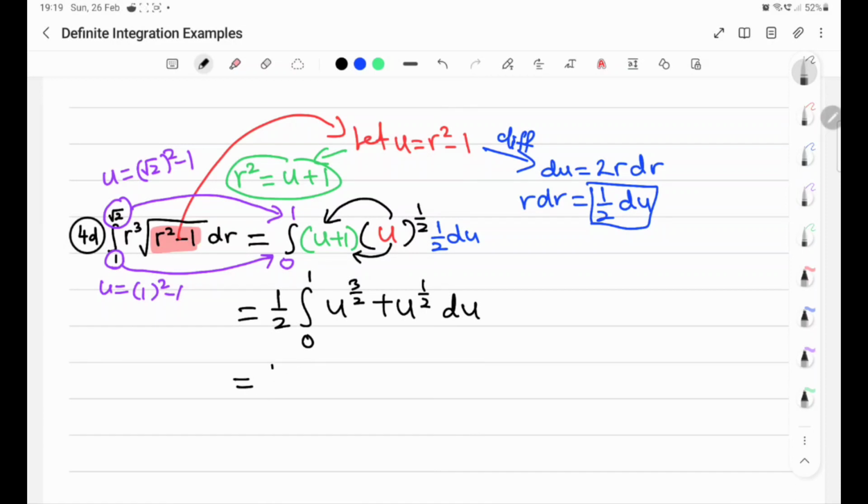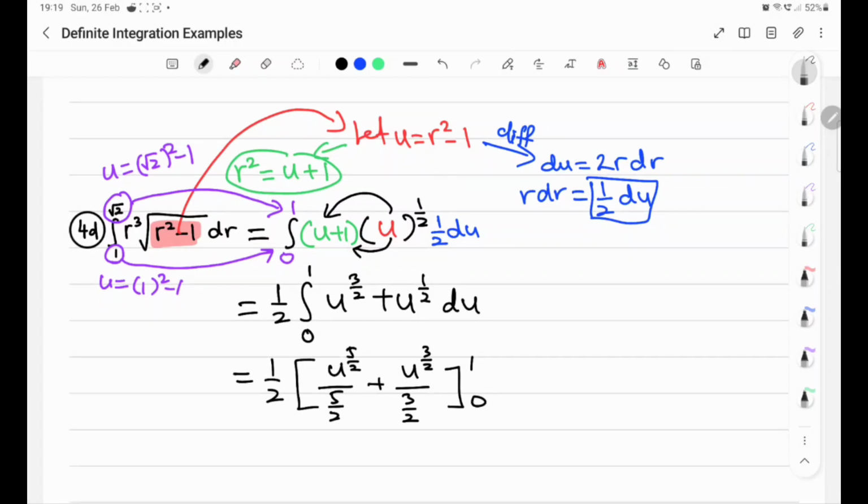The constant is over here, and then big brackets, u power 5 over 2 over 5 over 2, plus integrate u power half is u power 3 over 2 over 3 over 2. Close them with the limits.